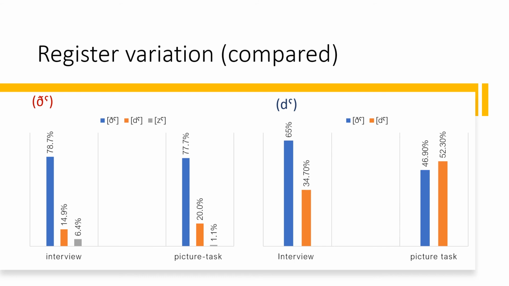Whereas with regards to the other variable, the standard variant, so the alveolar stop, is used a lot more in the picture naming task. It's actually used more than 50%, more than half of the time in the picture naming task, which obviously suggests that a level of awareness is there of that split.